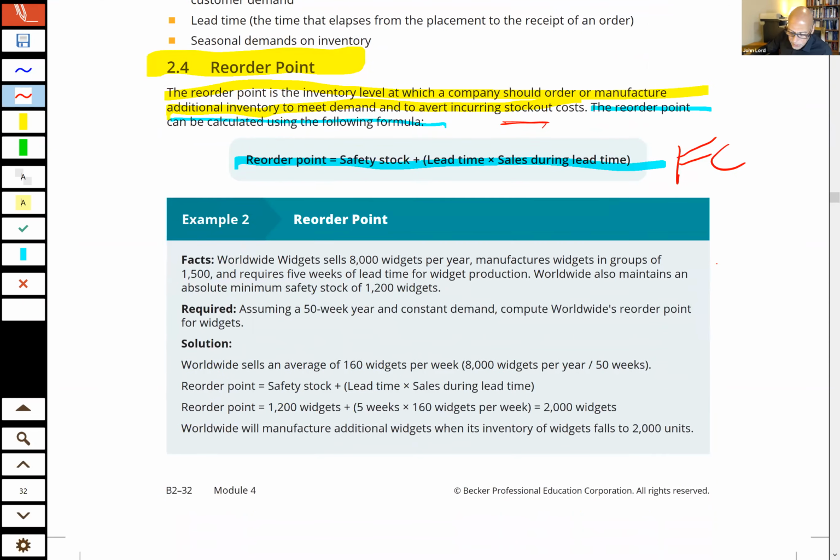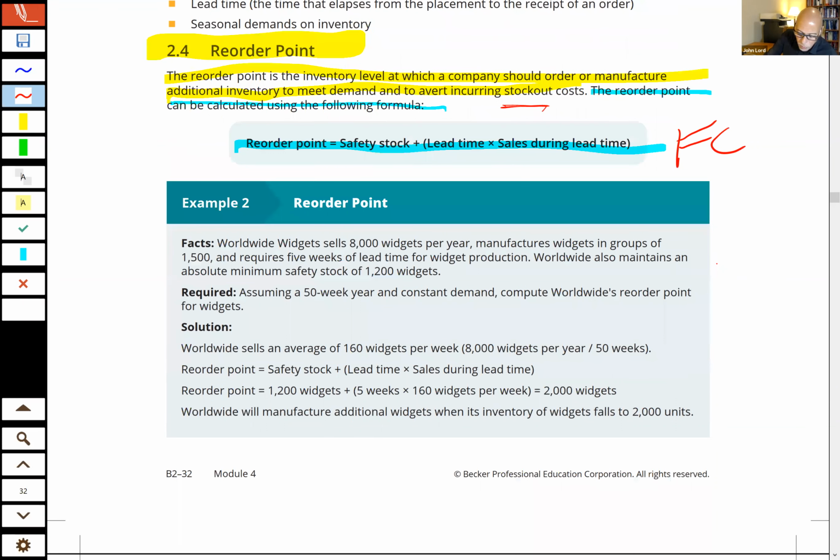So you can take a look, and we have this worldwide widget, sells 8,000 widgets per year and manufactures widgets in groups of 1,500 and requires 5 weeks of lead time for widget production. Worldwide also maintains absolute minimum safety stock of 1,200. Now, when you see that safety stock number, you write it down.